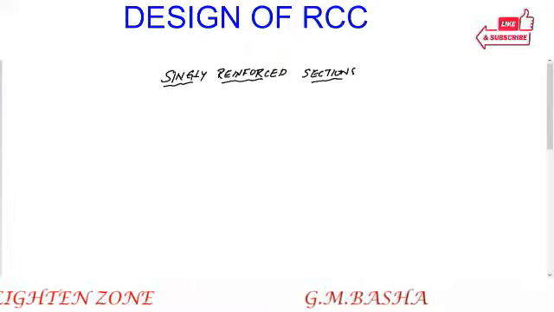If the reinforcing bars are provided only on the tension side in the beam sections, it is called singly reinforced beams. So I will show you. For simply supported beams, I will show you based on this one.